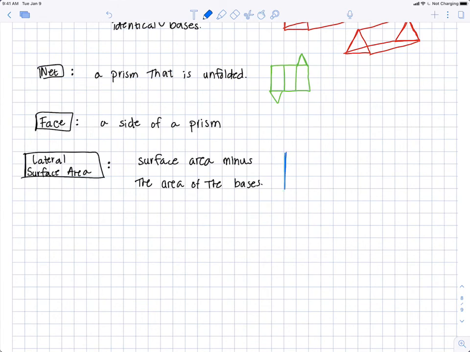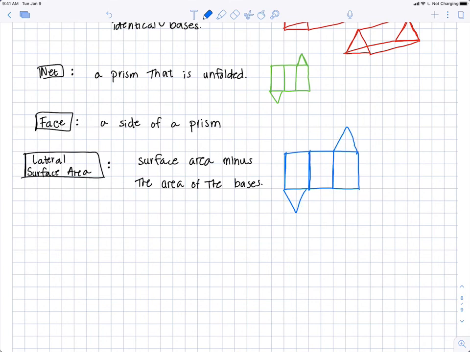So I'm going to draw a bigger picture of my triangular prism net. So copy along here. Here I have a net of my triangular prism. And what I'm going to do is shade in the part that is considered the lateral surface area. Remember, these triangles are my bases.